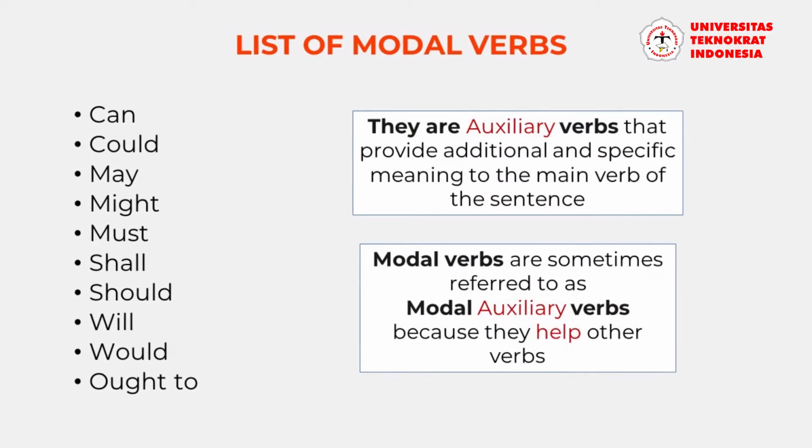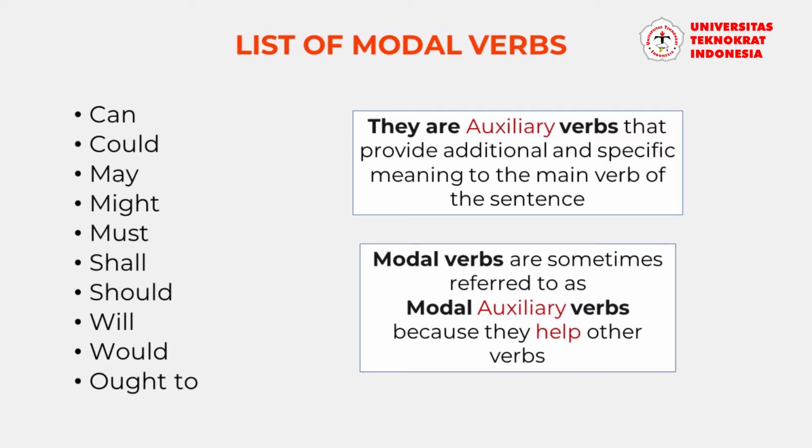Okay, modals also function as auxiliaries. So what is an auxiliary? An auxiliary verb functions to help another verb. Therefore, modals are sometimes also called modal auxiliary verbs because they are put there to help the verb that follows after modals.